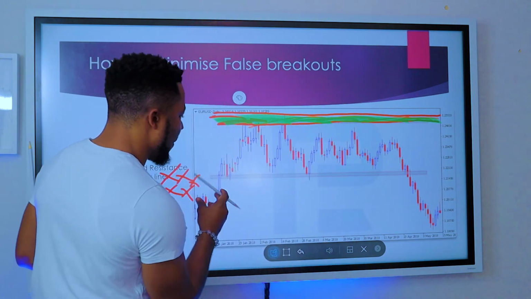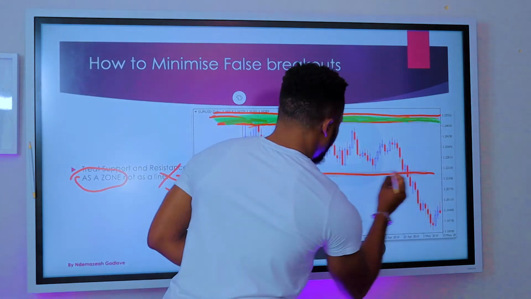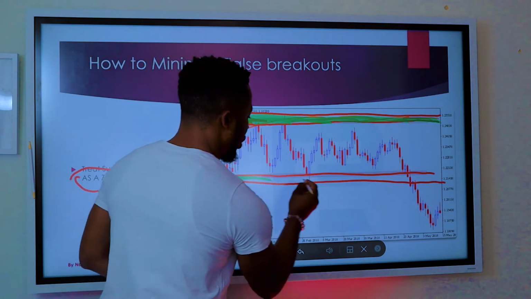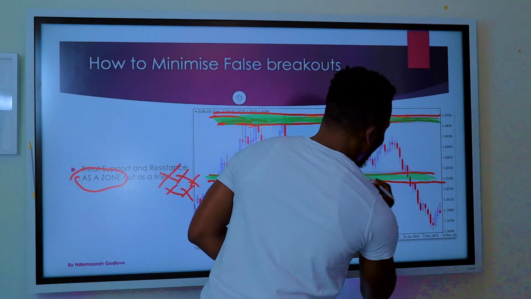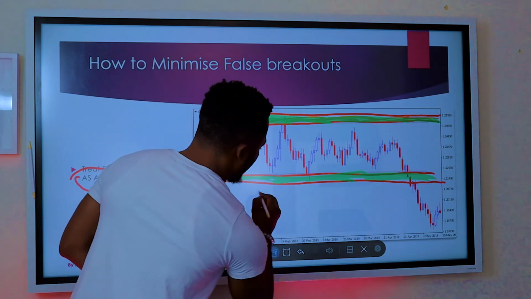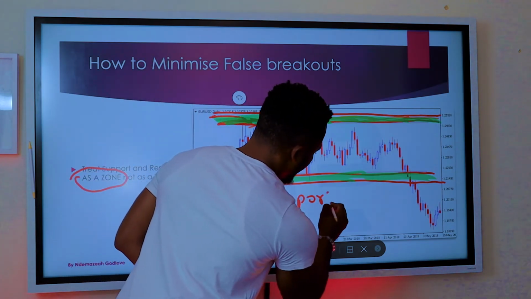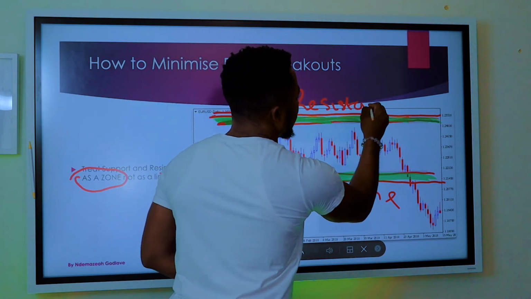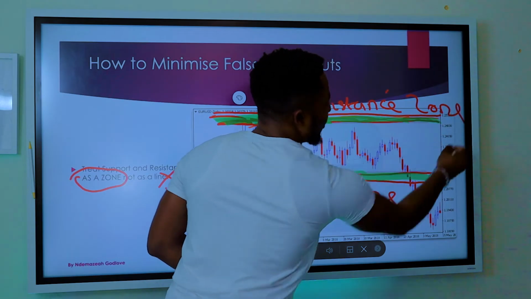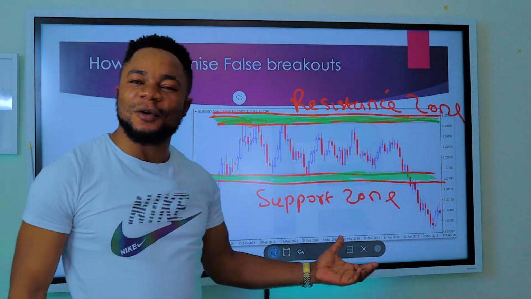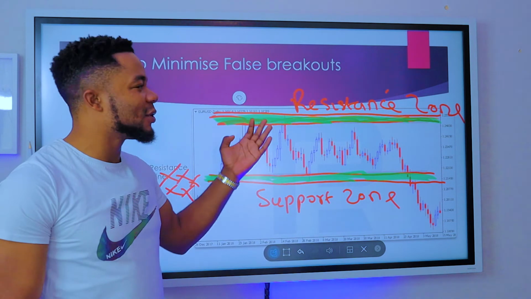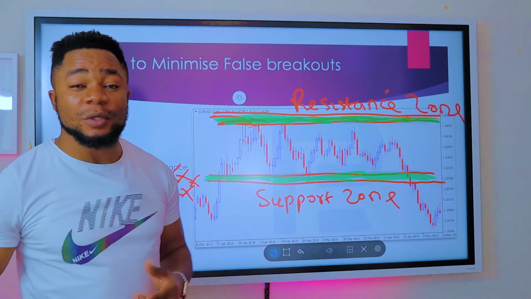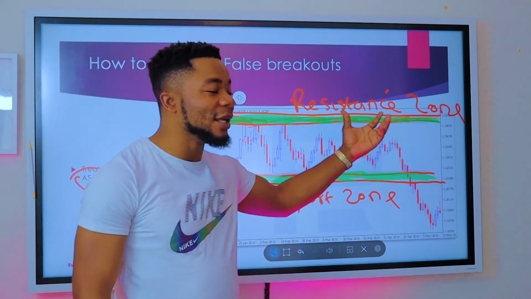Then if we come down here, this is our support line. I'll also have another imaginary line, a few pips below, and this one will be called our support zone. So you see, instead of calling this my support line, as many people do, 90% of all the videos I watch, as your mentor will tell you, this one is actually called a resistance zone.